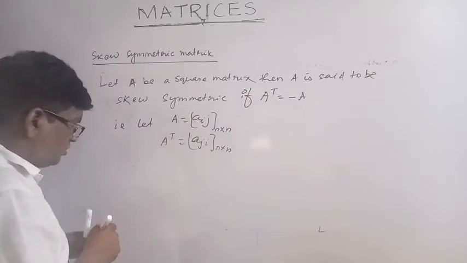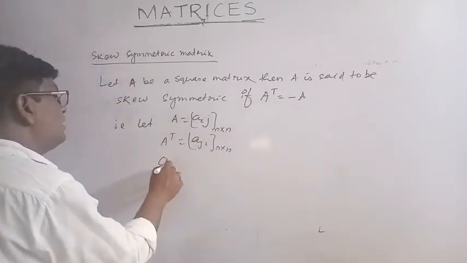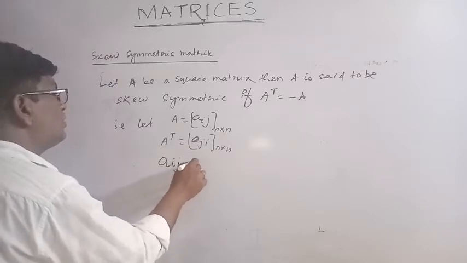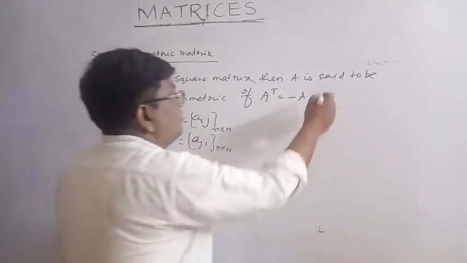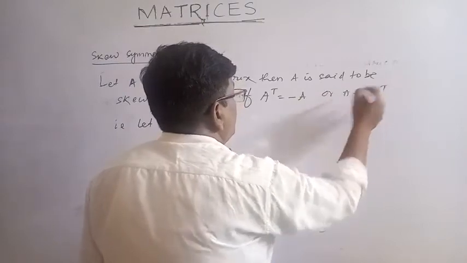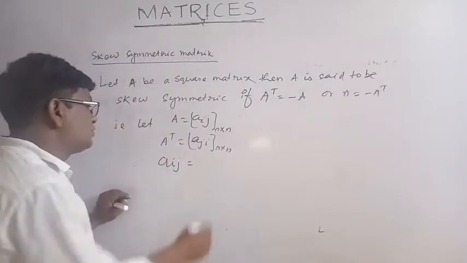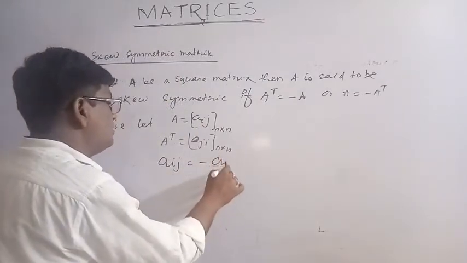According to the definition, A is equal to minus A transpose, so Aij is equal to minus Aji.